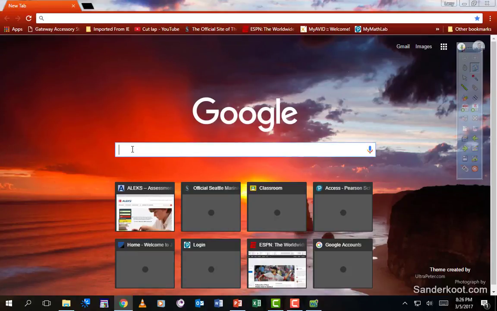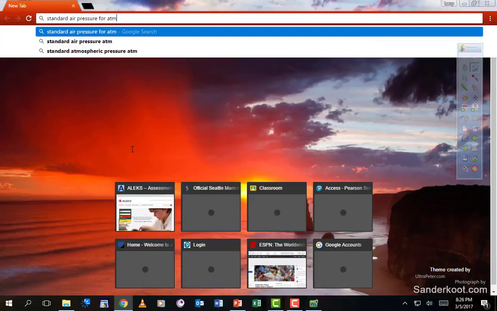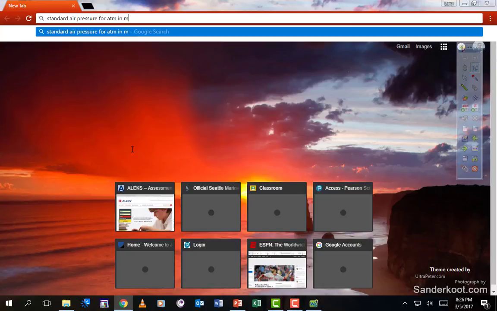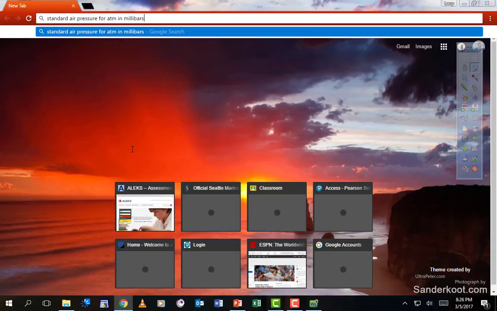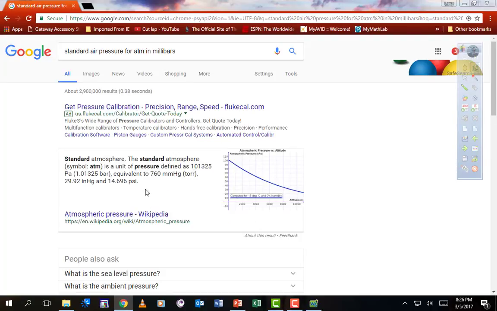Okay, so I'll just type in standard air pressure for ATM in millibars.